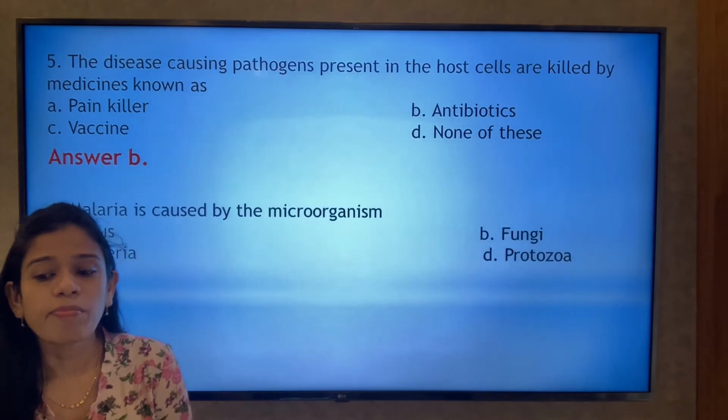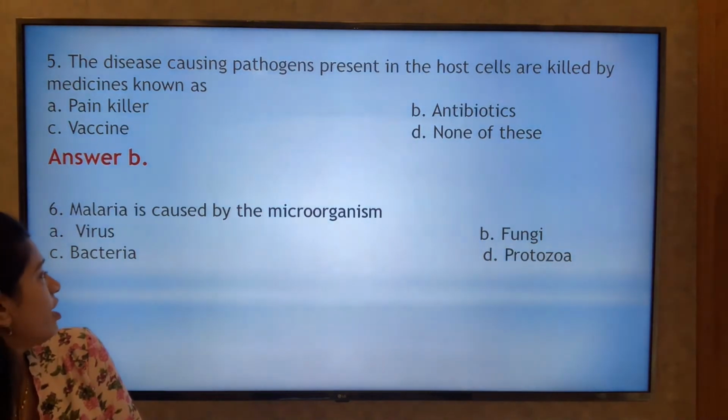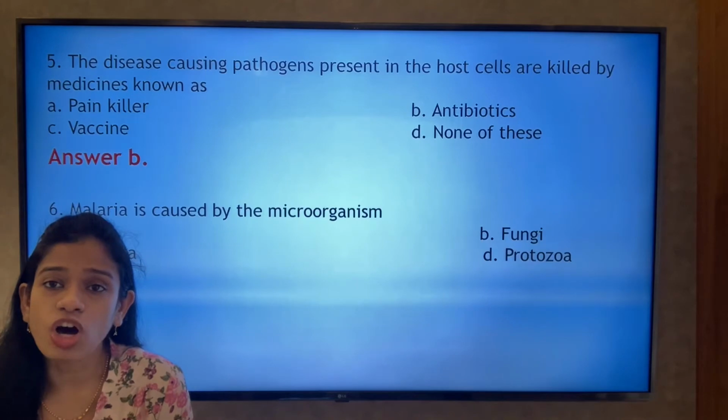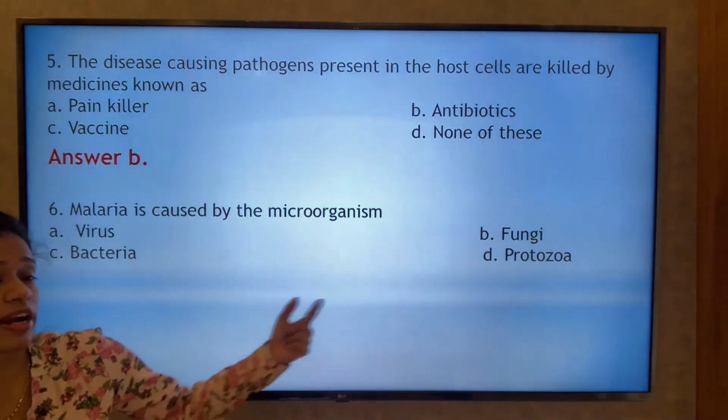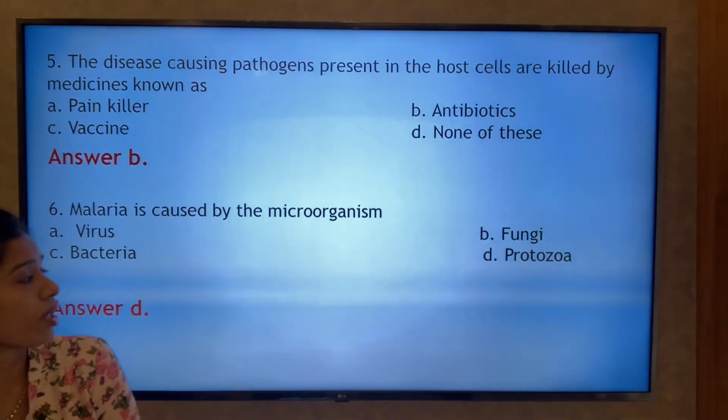Next, malaria is caused by the microorganism virus, fungi, bacteria or protozoa. So malaria is caused by the microorganism, the correct answer is protozoa or option D. Let's move on to the next question.